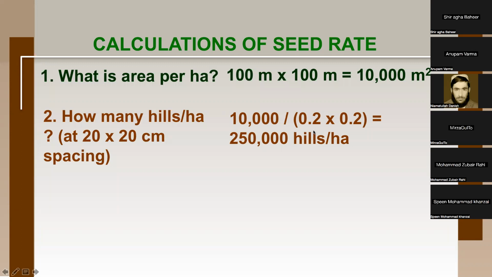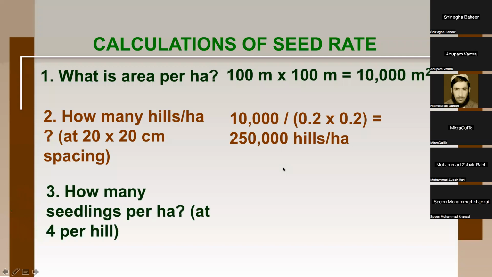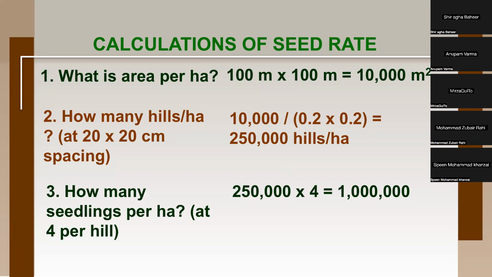That means so many seedlings will be required if you plant 1 seedling in 1 place, in 1 hectare area. Now, suppose you are planting 4 seedlings in 1 place, 4 seedlings per hill, then it will be 4 times.